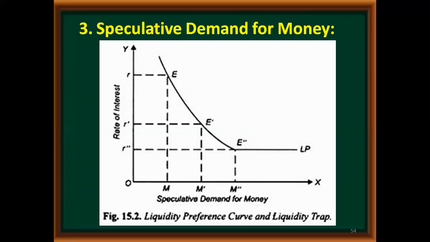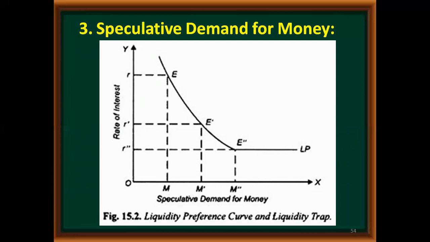So when the rate of interest is falling, we are going to keep more money in the form of cash, and if the rate of interest is increasing, we are going to keep less money for speculation purposes. Demand for money means cash. So there is an inverse relation between rate of interest and demand for cash. If rate of interest is increasing, demand for cash will decrease. If rate of interest is decreasing, demand for cash will increase.